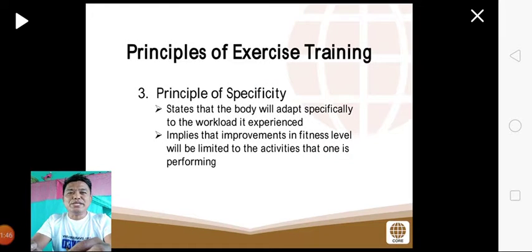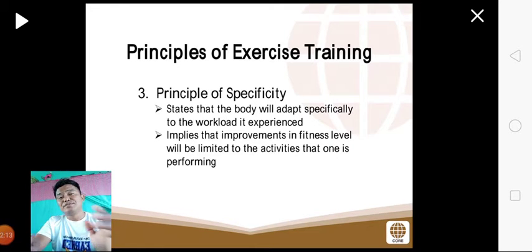Next, principle of specificity. It states that the body will adapt specifically to the workload it experiences. So, specify what you want for your body. It implies that the improvement in fitness level will be limited to the activities that one is performing.